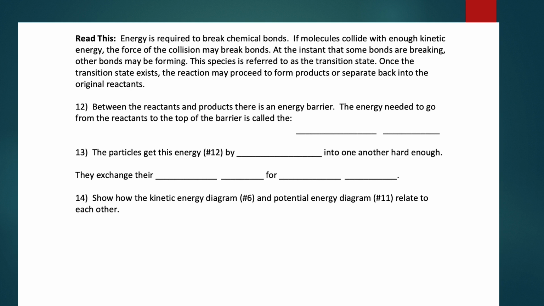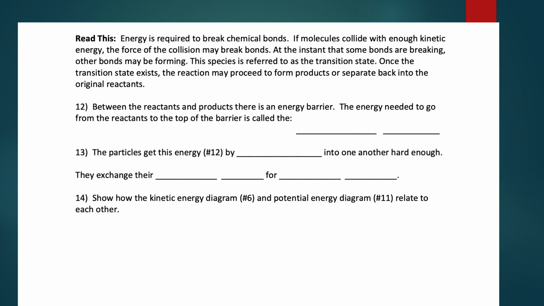If molecules collide with enough kinetic energy, the force of the collision may break the bonds. At the instant that some bonds are breaking, other bonds are forming. This species is referred to as the transition state. Once the transition state exists, the reaction may proceed to form products or separate back into original reactants.